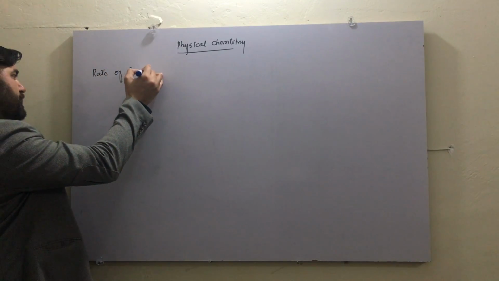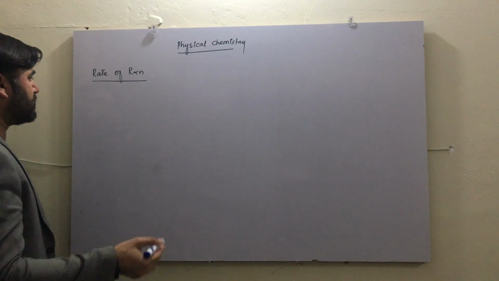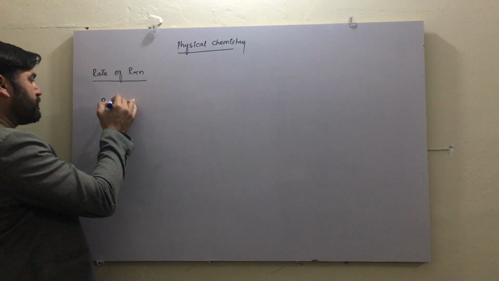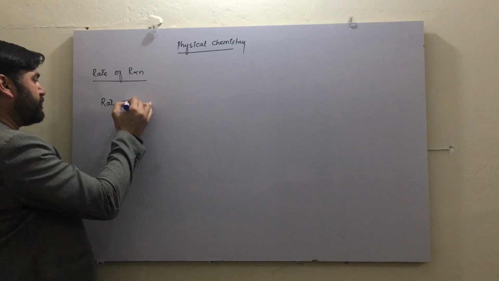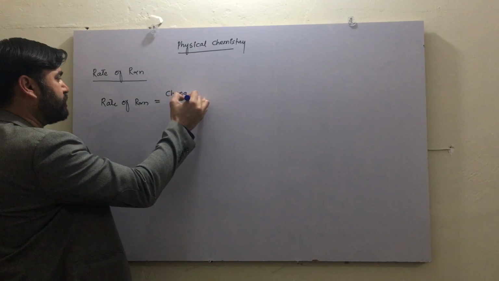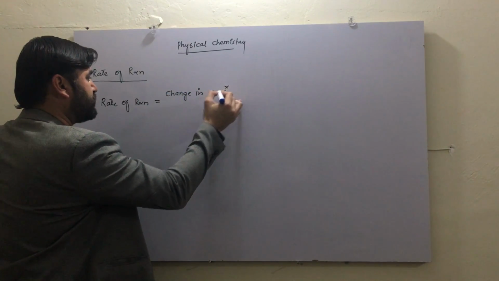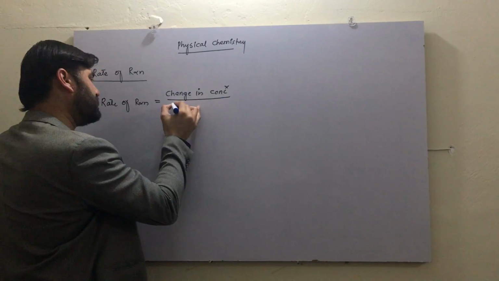Rate of reaction was just the change in concentration divided by change in time.